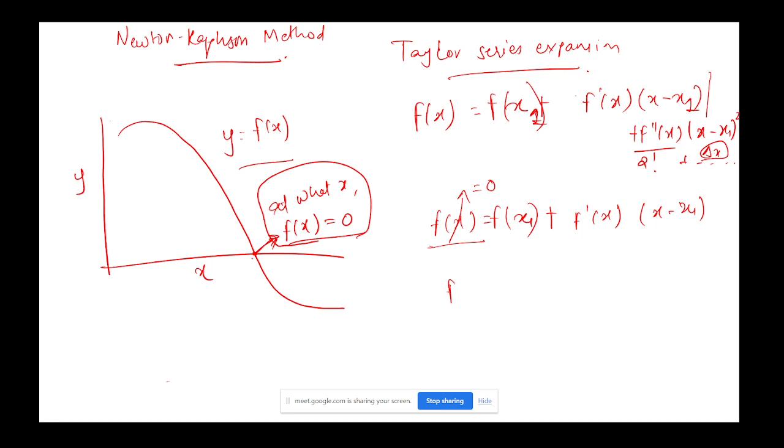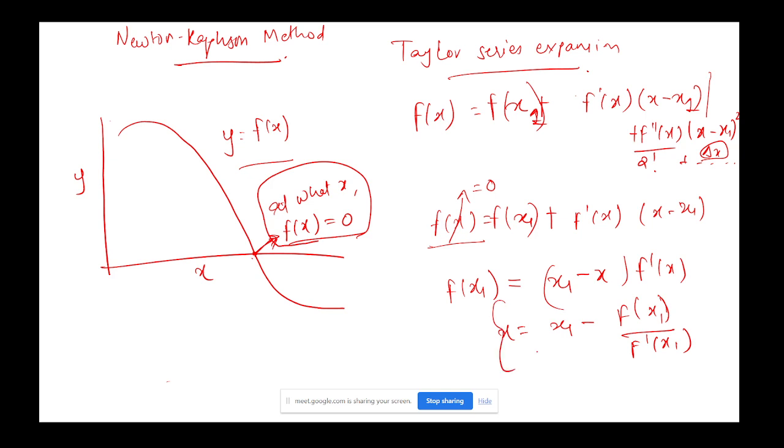So what remains is 0 equals f of x1 plus f dash x1 times x minus x1. So x equals x1 minus f of x1 upon f dash x1. You can use such a formula, which is known as the Newton-Raphson method, and you can find out x2, which is nothing but x1 minus f of x1 upon f dash x1. So you can find a new point.